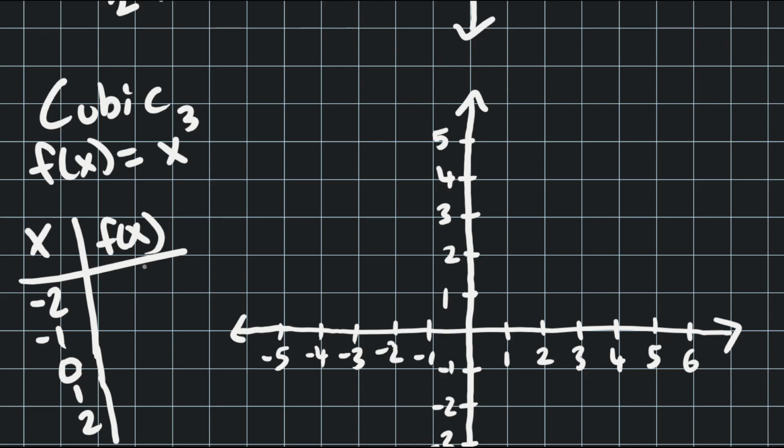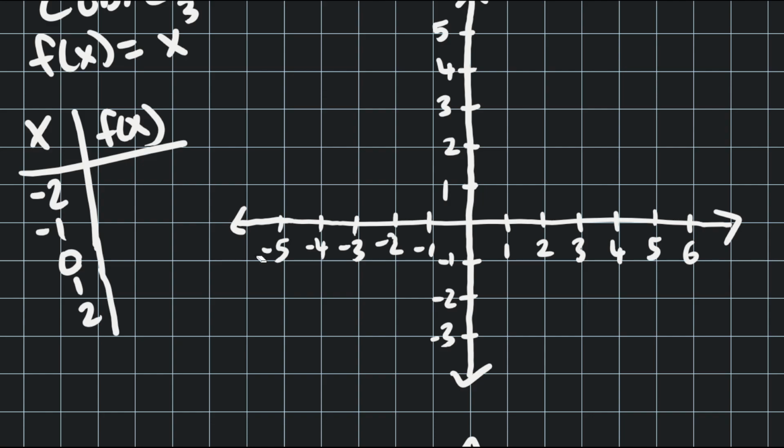So what's f of -2 right here? So f of -2 equals, let me actually just rewrite this. So let's evaluate them down here. So f of -2 equals -2 cubed.